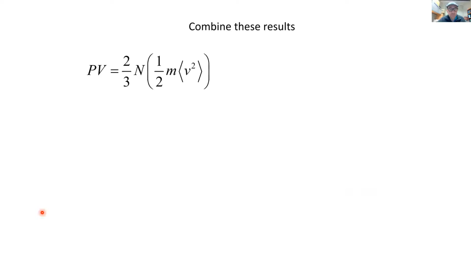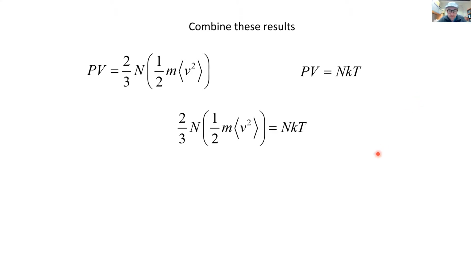Okay, so we have these results. This from that derivation on page 374 in the book, and this way of writing down the ideal gas law. So there are two ways of expressing P times V. So we can set them equal to each other like this. Now we can cancel the N, move the 2/3 over here to the other side, and I also moved the 1/2 m inside the average.